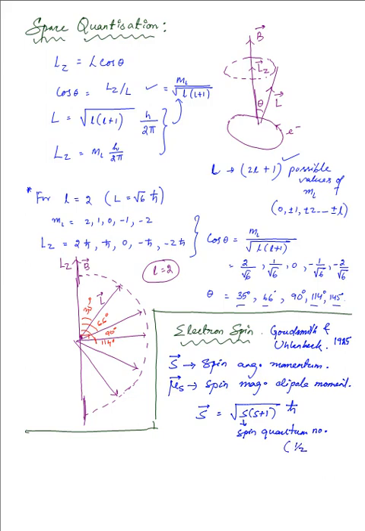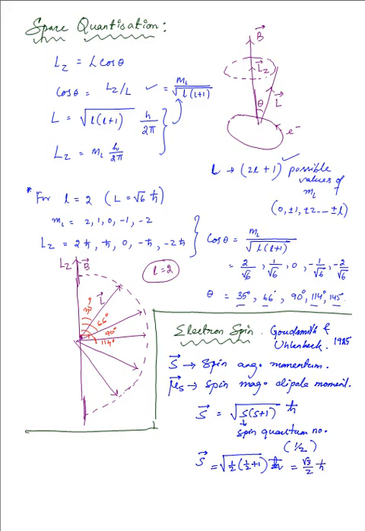It can take only two values, and if we use plus half, we get S equal to root of half times (half plus 1), multiplied by h bar, which gives us root 3 over 2 h bar.